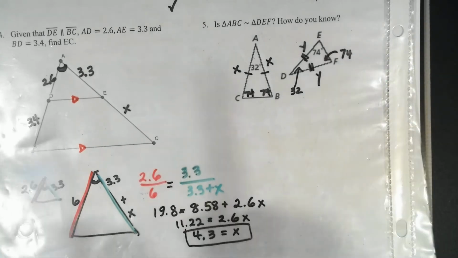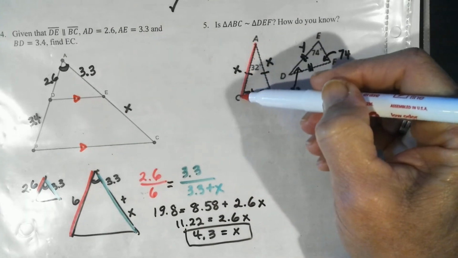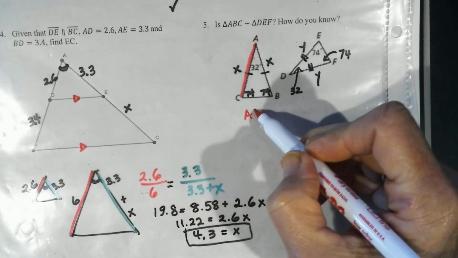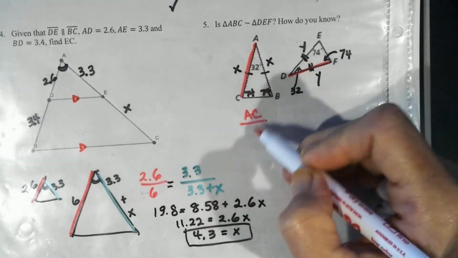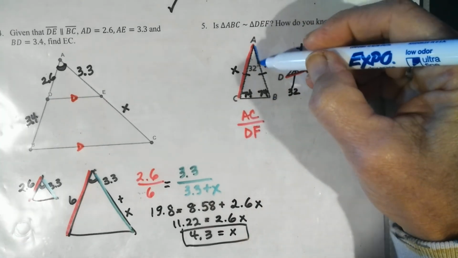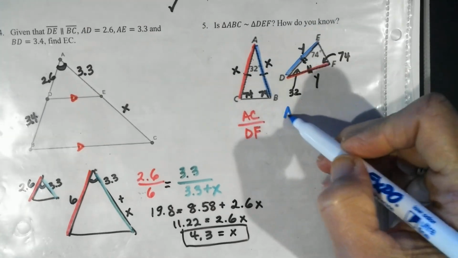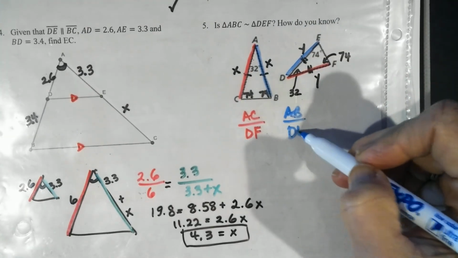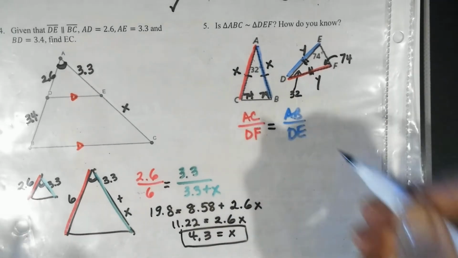What you need to know for similarity is if AC over DF is in proportion to AB over DE. That's what you need to know to say they're similar.